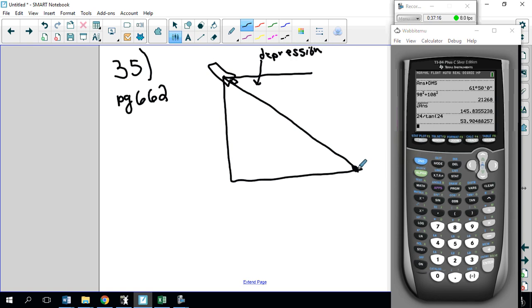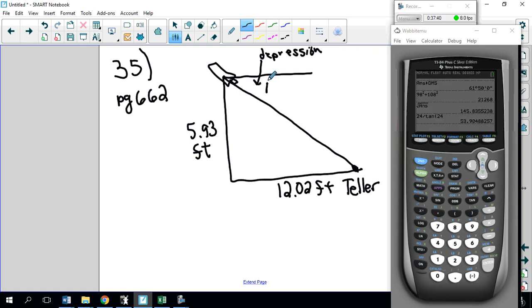And there's some teller, I mean a head teller, must be a bank teller, and we know the camera is at 5.93 feet, and we know the teller is at 12.02 feet. They must have some type of laser tape measure that's very accurate, and they want to know this angle here.